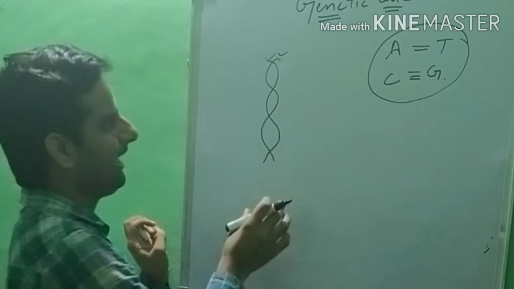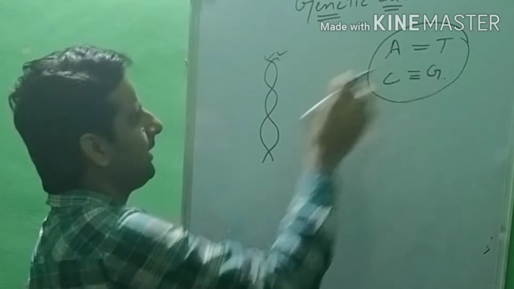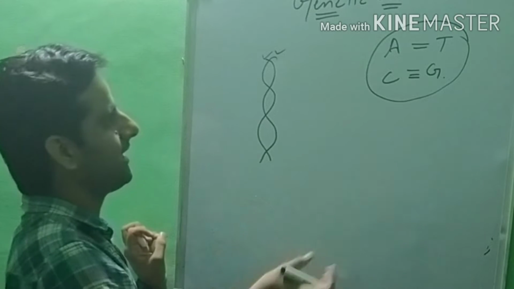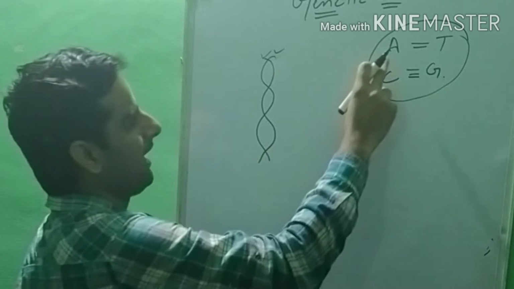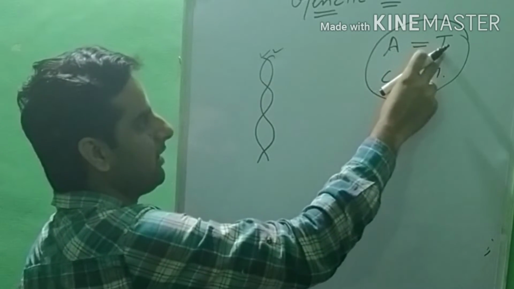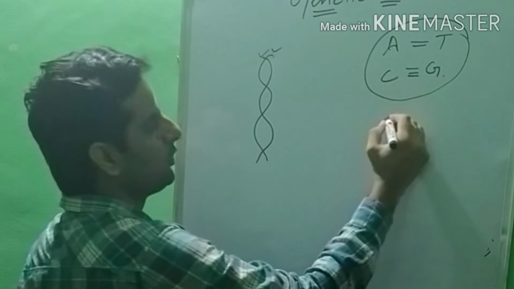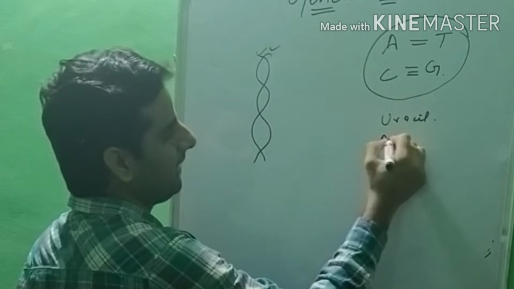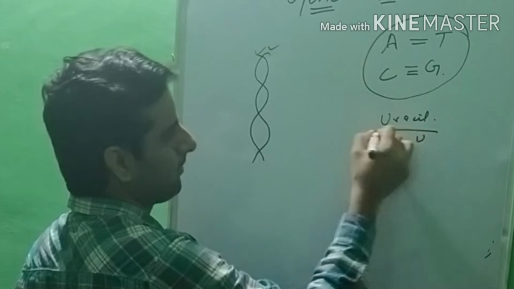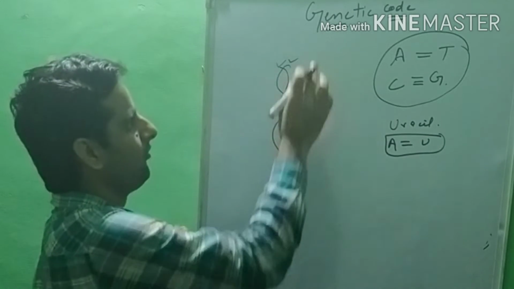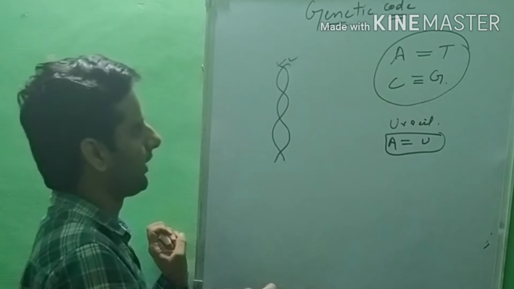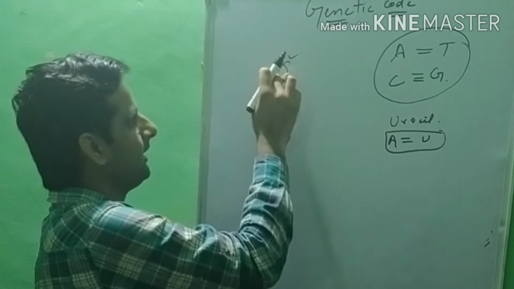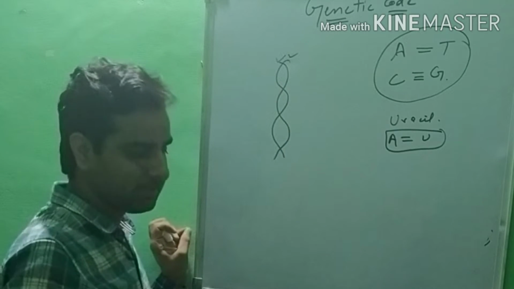In case of DNA, adenine pairs with thymine, but when the DNA forms the mRNA, that is undergoes transcription, adenine does not pair with thymine; instead of thymine we use uracil. So adenine pairs with uracil with the help of the bonds. Now we will define the genetic code. The nitrogen bases which are present on the strands of the DNA contain some information.